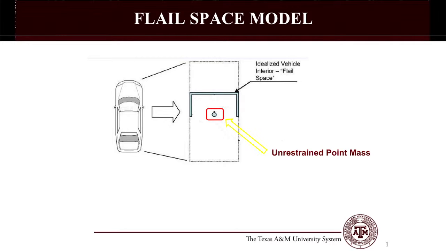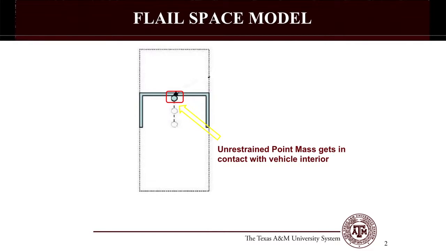With this model, measured vehicle kinematics are used to compute the difference in velocity between the occupant and the occupant compartment. At the instant of occupant impact, the largest difference in velocity is termed the occupant impact velocity, or OIV. The occupant ride-down acceleration is the maximum 10 millisecond moving average of the accelerations subsequent to the occupant impact with the interior. This is also called ORA.